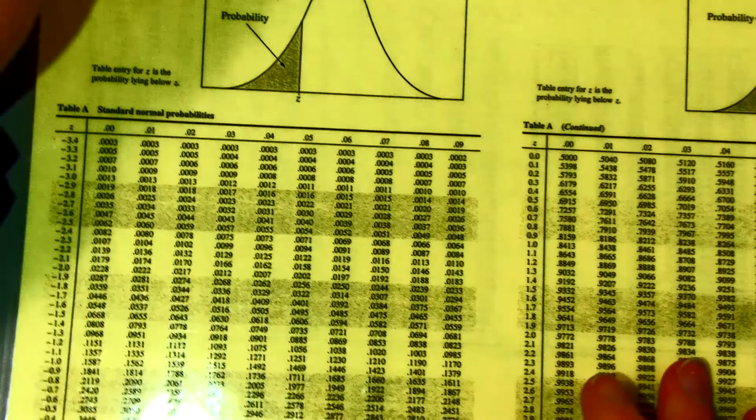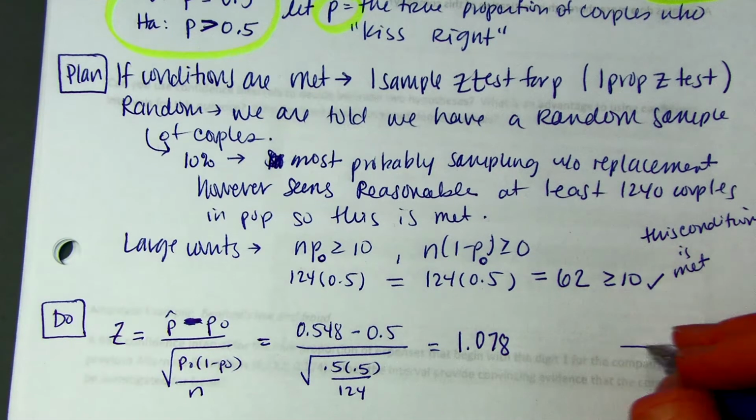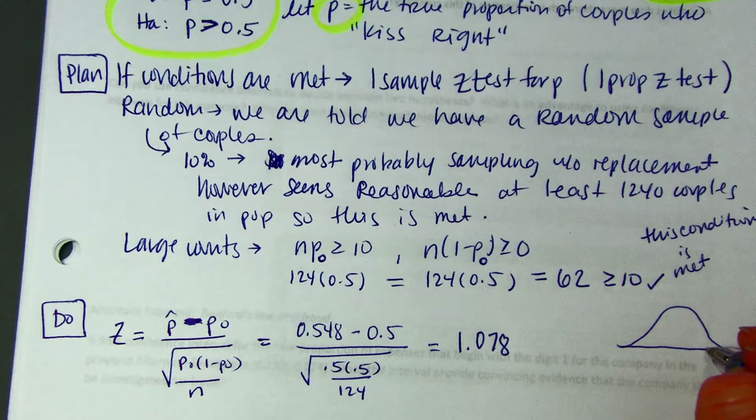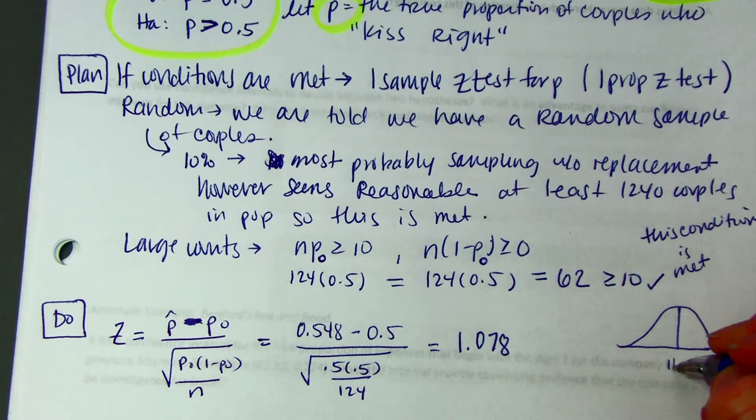And I'm looking for, okay, so here's the thing. Let me draw my picture. Okay, here's the hypothesized value, and I have a z-score here of 1.078. I'm interested in this p-value that's up here, so the area to the right.